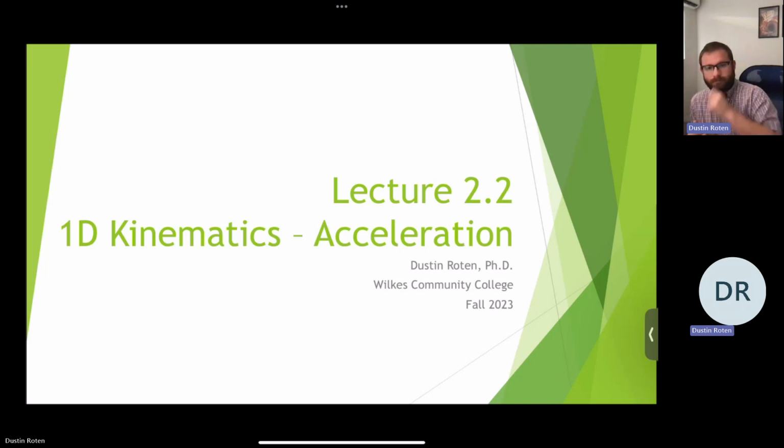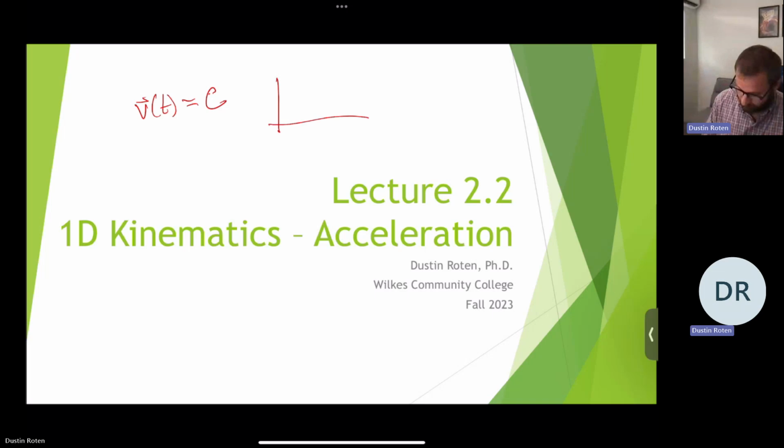All right. So last time we talked about uniform motion. That's just motion with constant velocity. Your velocity over time is essentially some sort of constant, and if we were to plot velocity against time, you just have a straight line.